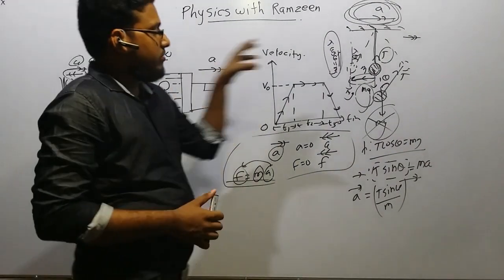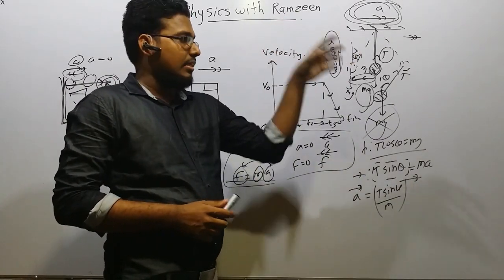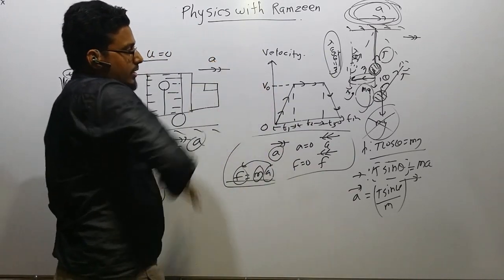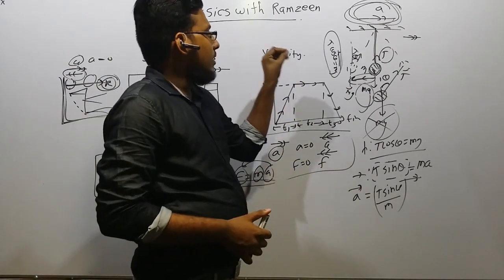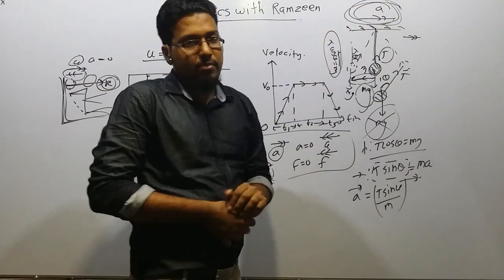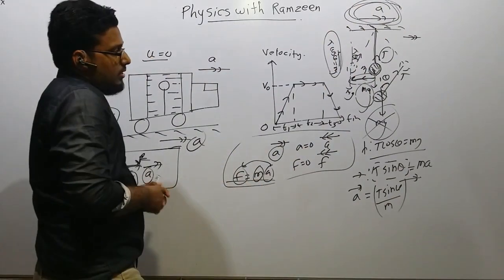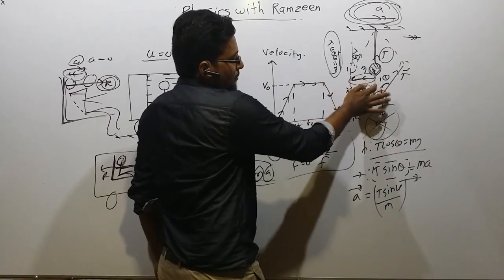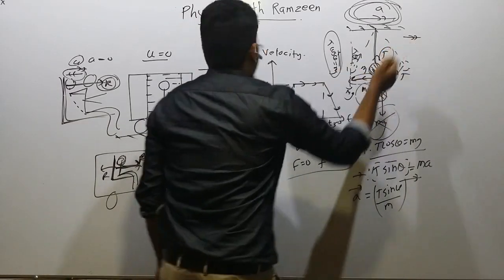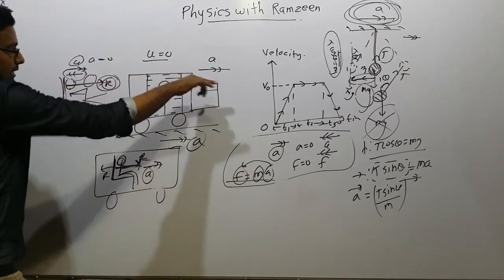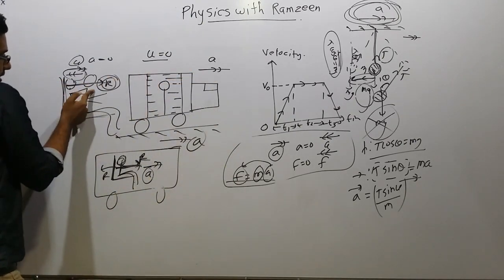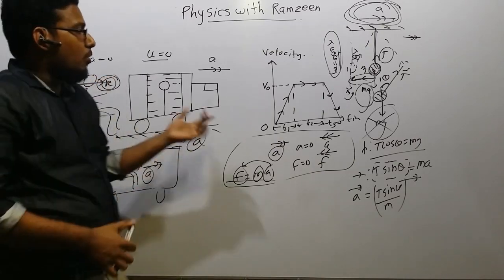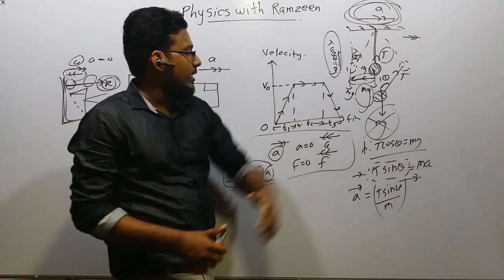When a body moves with a particular acceleration, the particles of the body all get the same acceleration value. But it doesn't matter, it's always happening: the position changes. Here also the acceleration is in this direction, and the position change of the particle or the man is in the opposite direction.